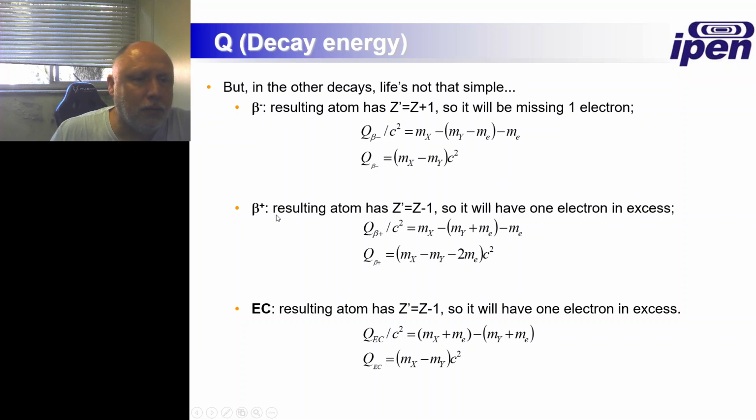On a beta plus, it's the opposite problem, because now we have the resulting atom having one electron in excess, right? It lost a proton, now it has Z-1 protons, but still has Z electrons. So the mass of what's left is the mass of Y plus the mass of an electron, because that excess electron is still there.